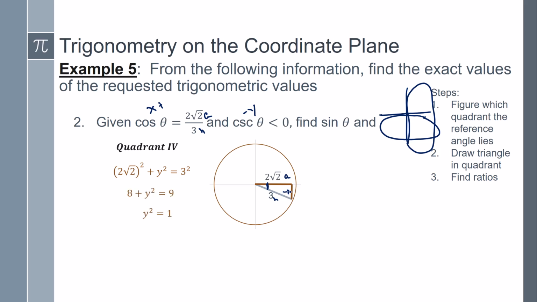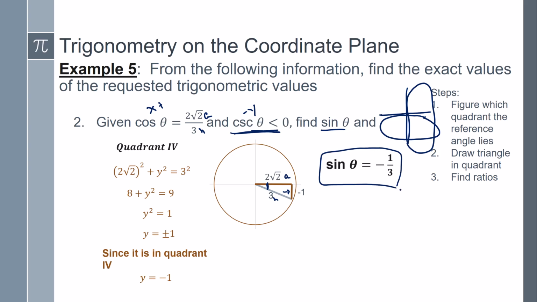I get that it is going to be plus or minus 1. Now, there's direction. We said that this is negative, so I'm going to say it's negative 1 because it's in quadrant 4 and it's moving in the negative direction. Then it says find sine theta. Sine theta is opposite over hypotenuse, and so it's going to be negative 1/3.